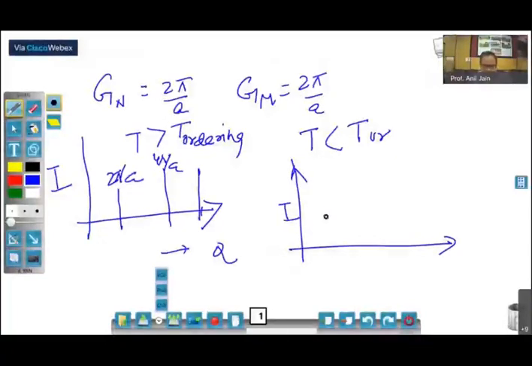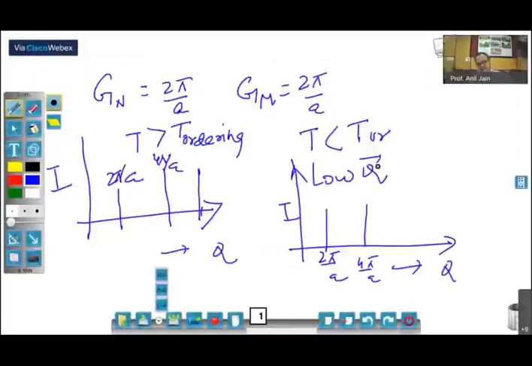So what you will find is an enhancement in the intensity at the same location where you have this nuclear peak. Remember, this enhancement in the intensity of the peak in the magnetically ordered system happens only at low values of Q.